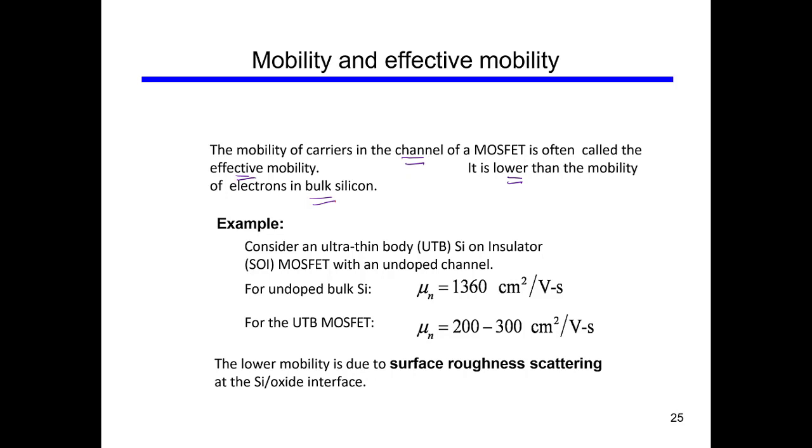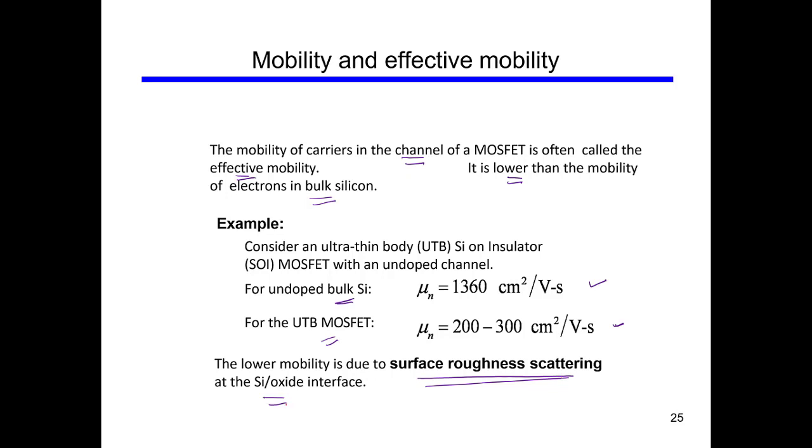Here is an example in which the mobility in bulk silicon is 1360 centimeter square per Vs, and in a doped one it drops to 200 to 300 centimeter square per Vs. The lower mobility is due to the surface roughness of the oxide layer.